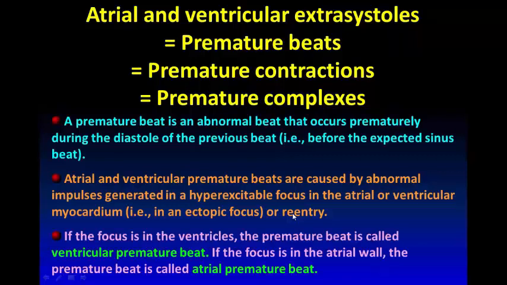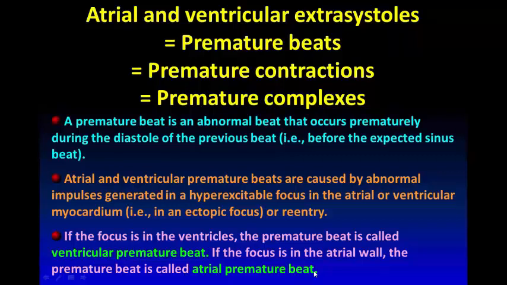If the focus is in the ventricles, the premature beat is called ventricular premature beat, and if the focus is in the atria, the premature beat is known as atrial premature beat.